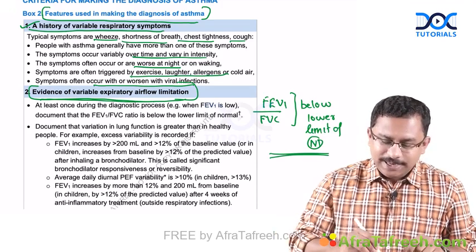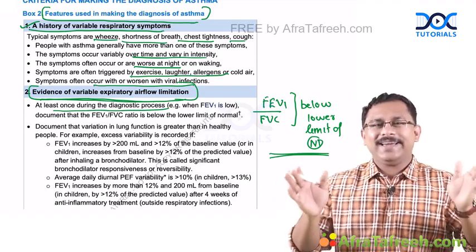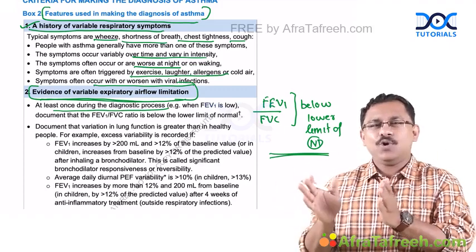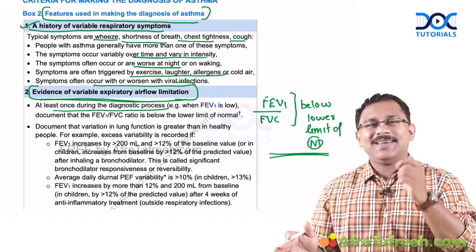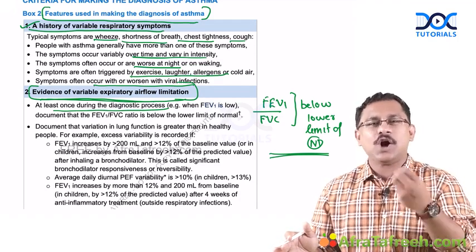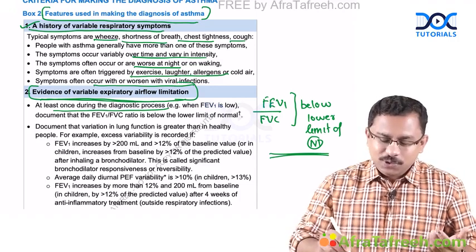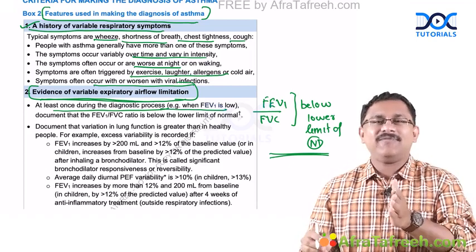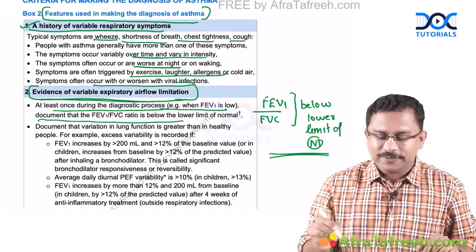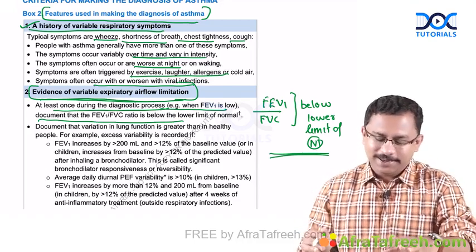But it is not like any asthmatic patient, anytime you test, will have a low FEV1 to FVC ratio. No, because suppose you are testing at a time when the patient is not having any symptoms, the FEV1 might be normal. So at a time when the FEV1 is low, if we check the FEV1 to FVC ratio, it will be low. I hope you understood the point.